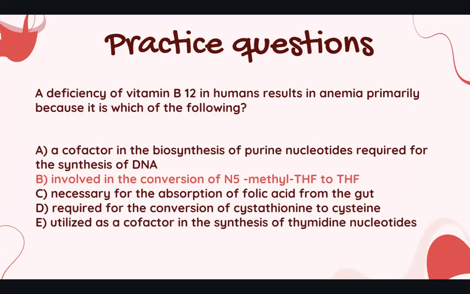So I will go back to the diagram to show you guys, but A is wrong because it's not the biosynthesis of purine nucleotides, but actually the biosynthesis of pyrimidine, because you are making thymine, which is a pyrimidine, and this is why A is wrong. Now B: it is involved in the conversion of 5-methyl tetrahydrofolate to tetrahydrofolate.